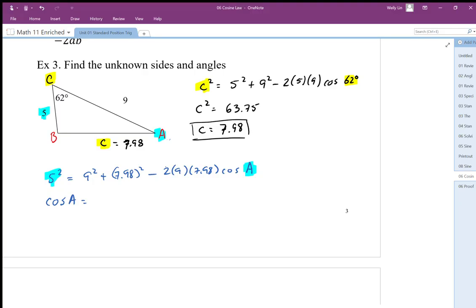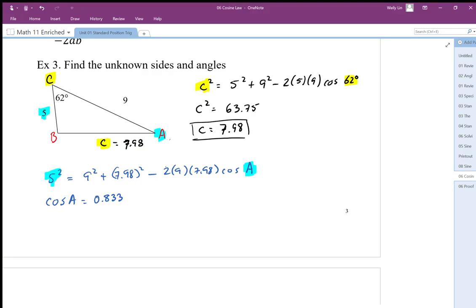I'm going to divide by 2 times 9 times 7.98. Okay, so I end up with cosine is going to be 0.833.